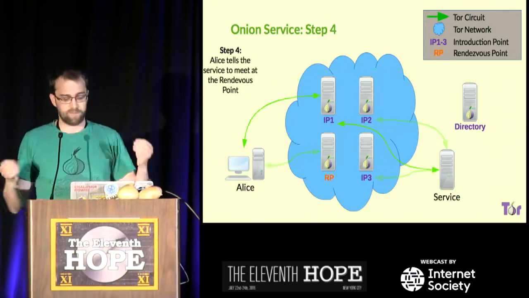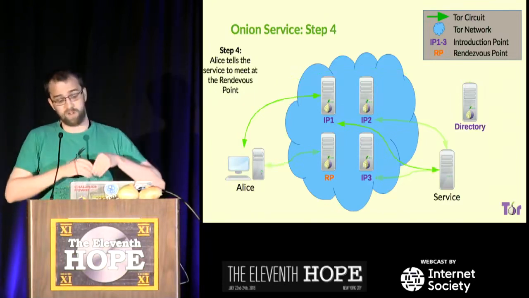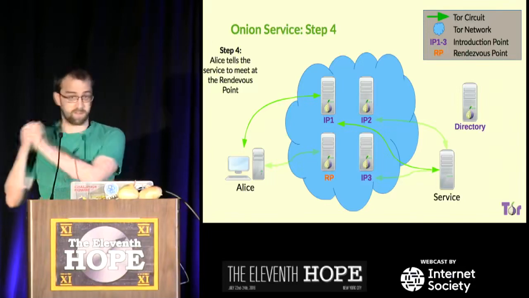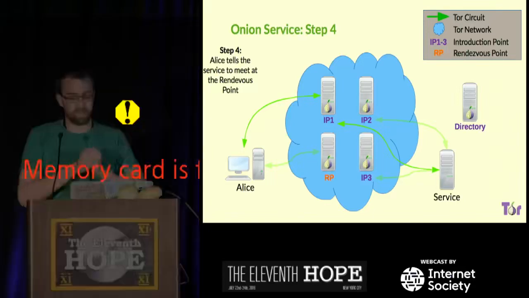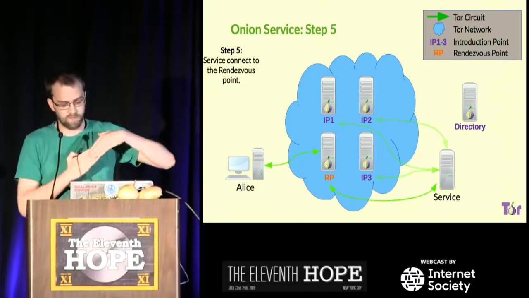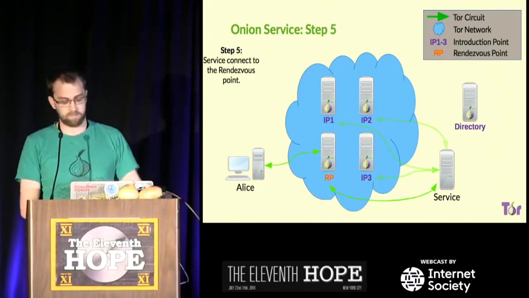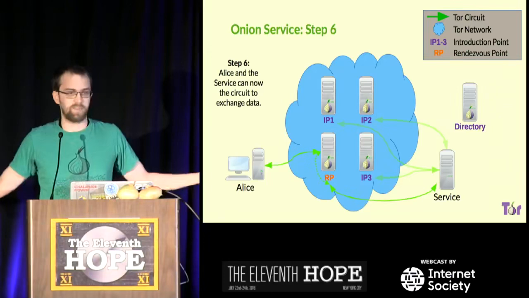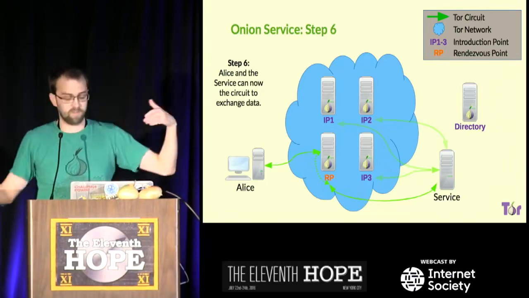Alice will go to an introduction point, and Alice knows where it is because it's in the descriptor, and tell the service, please meet me at this rendezvous point. And then the service connects to the rendezvous point, and kills the circuit with the introduction point, and then we have a 6-hop circuit between Alice and the service.